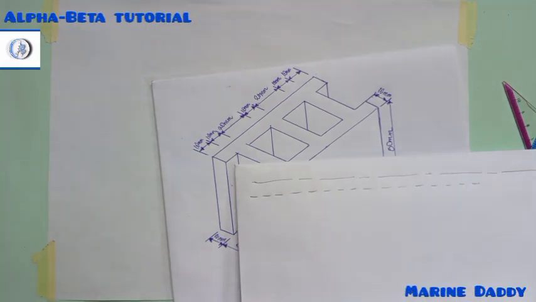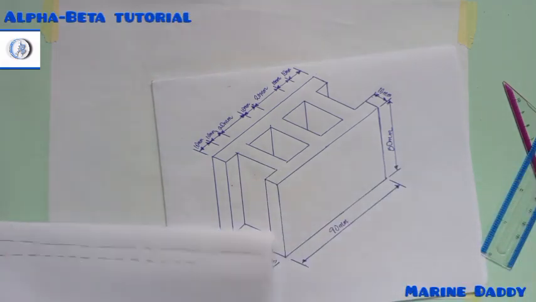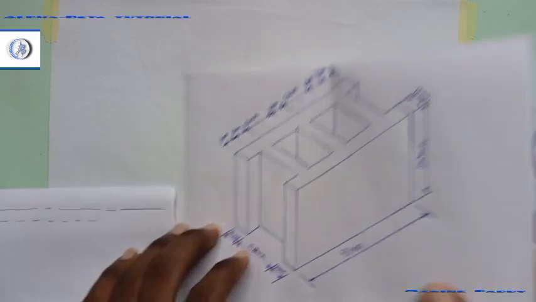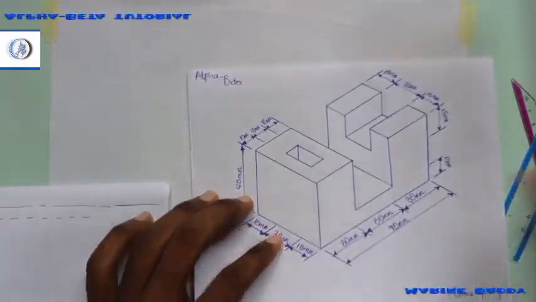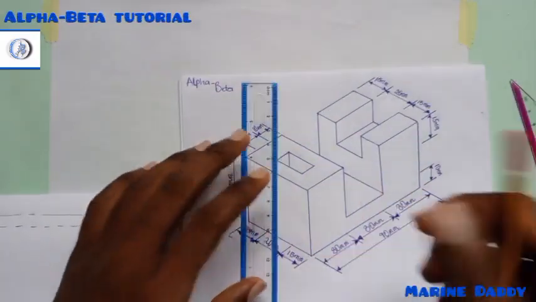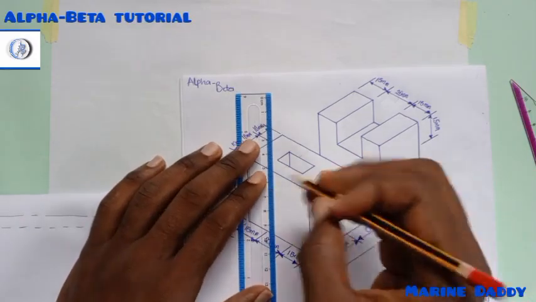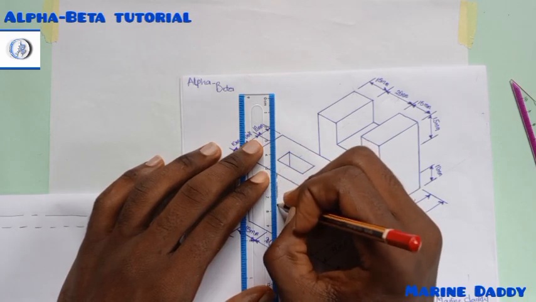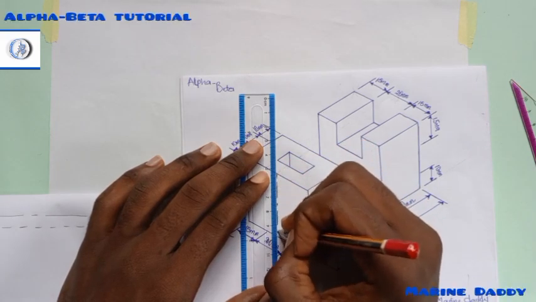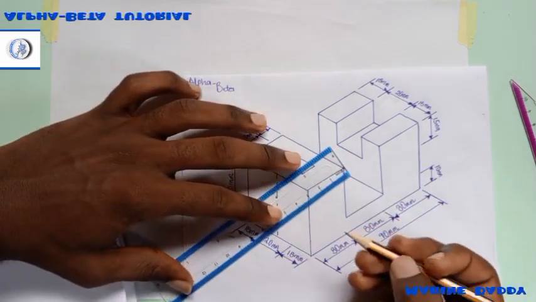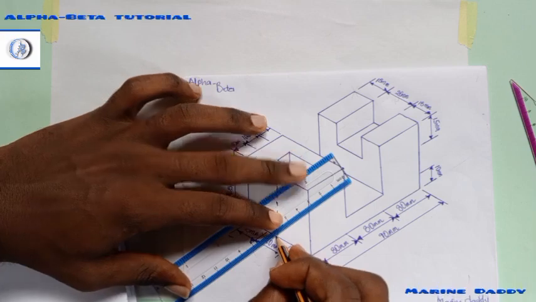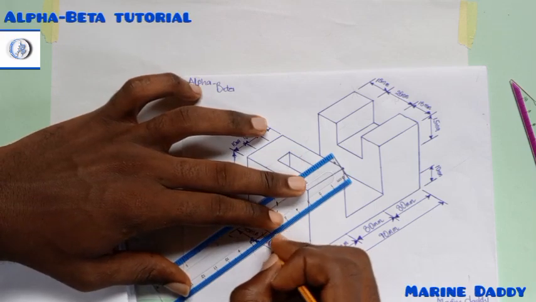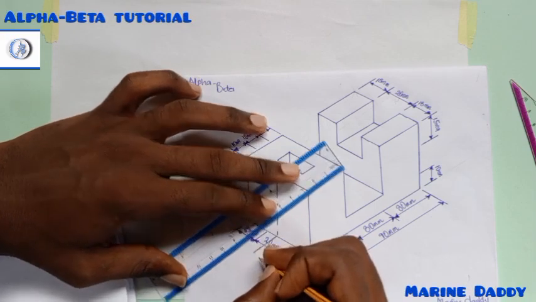Now, how are they represented in a diagram? Let's look at this now. For this diagram, when you see something like this, it tells you that there is a cut through this diagram.